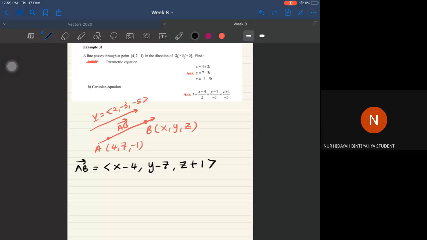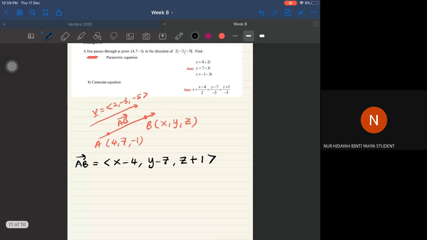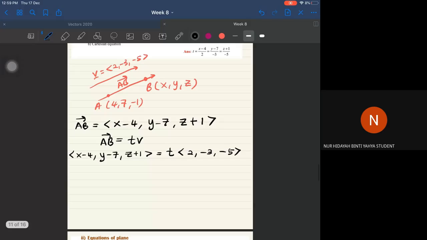So z plus 1. Okay. So by using AB is equals to TV, so you will have x minus 4, y minus 7, z plus 1 is equals to T. So what is your V here? 2, negative 3, negative 5. Okay. So kita akan solve by component.